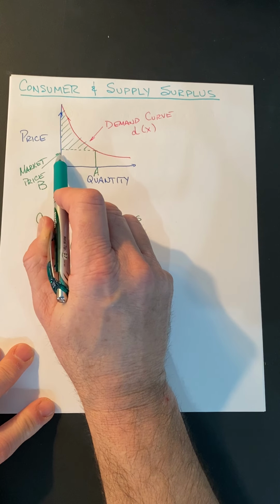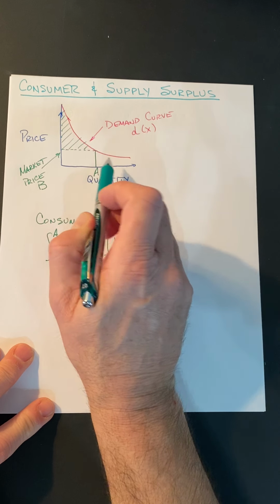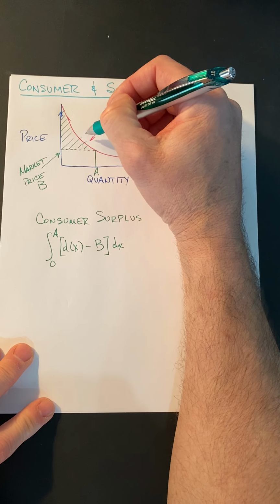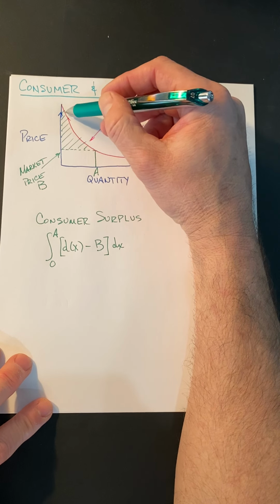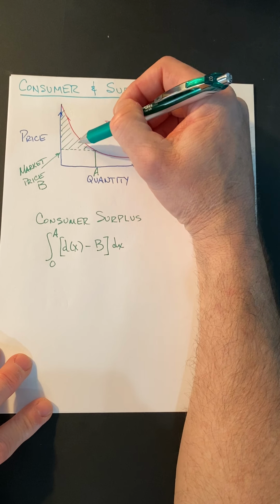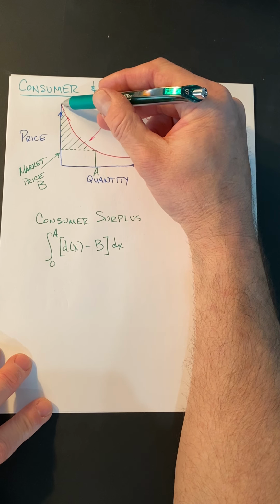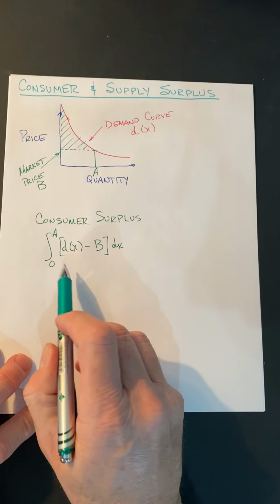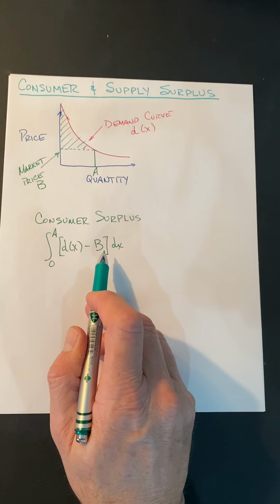Notice this market price is just a horizontal line. Just like in previous lectures, we can find the area between two curves by integrating the upper curve and subtracting the lower function.